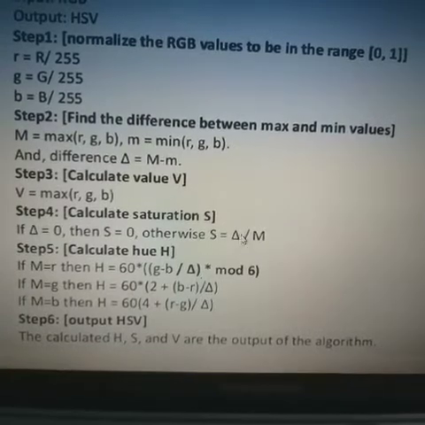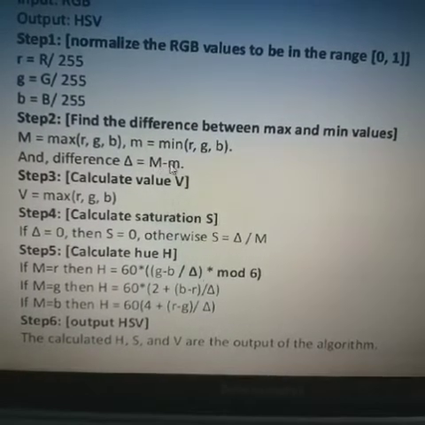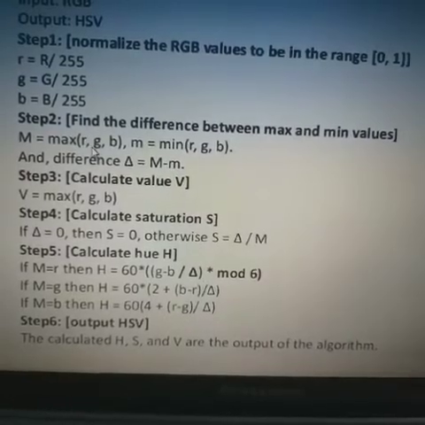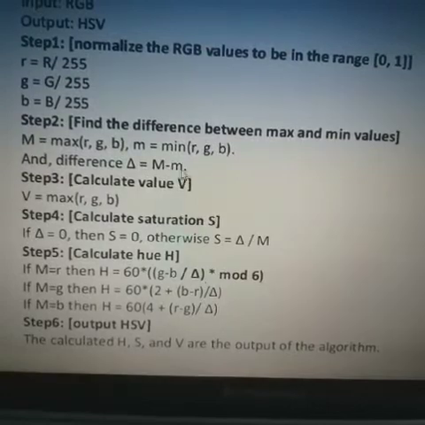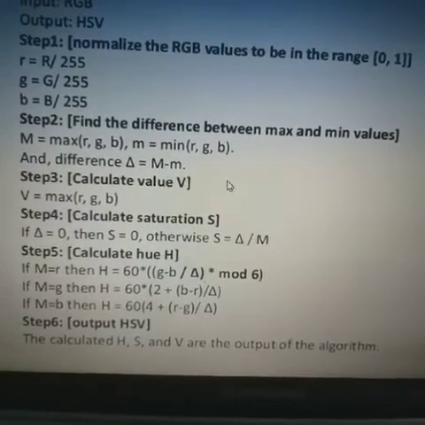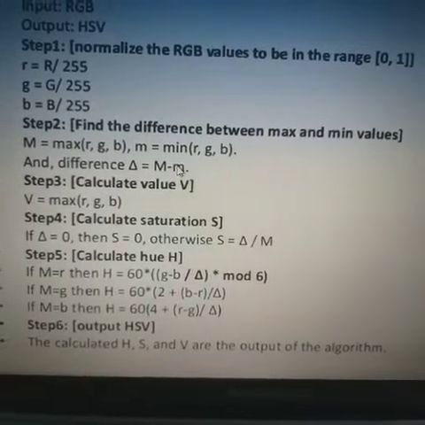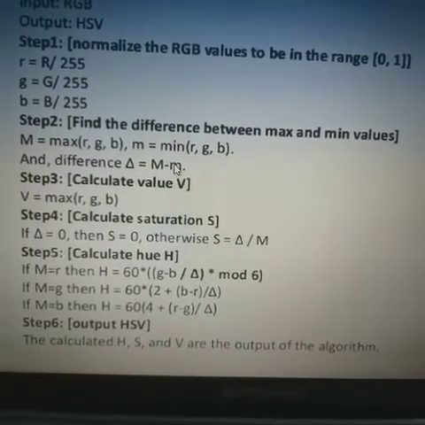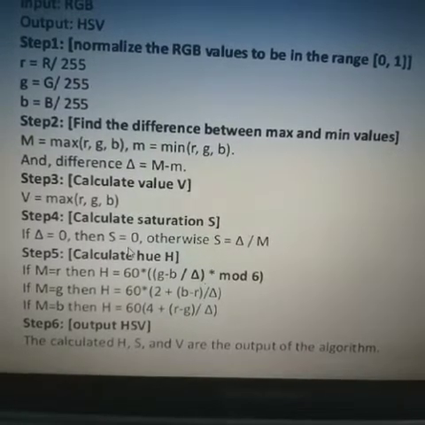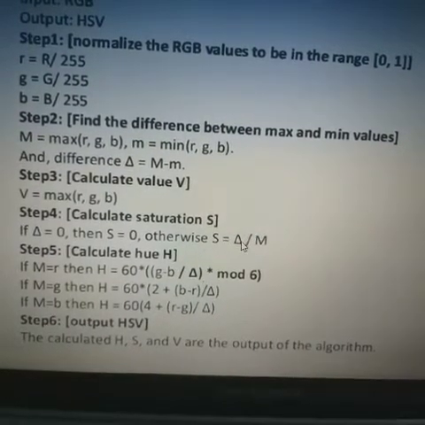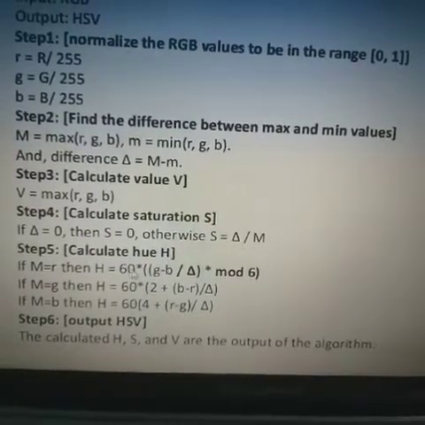The difference from maximum to minimum is 1 minus 0.5, which is 0.5, and taking the round off value gives 1. If the difference is 0, then the saturation value is 0. Otherwise, the difference 1 divided by 1 becomes 1. So the saturation value is 1.